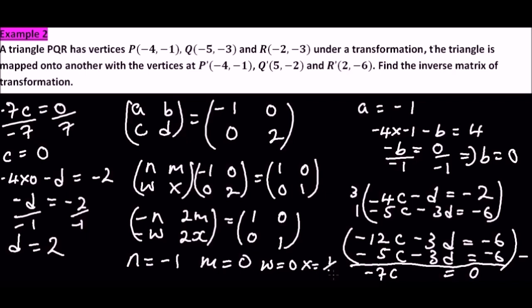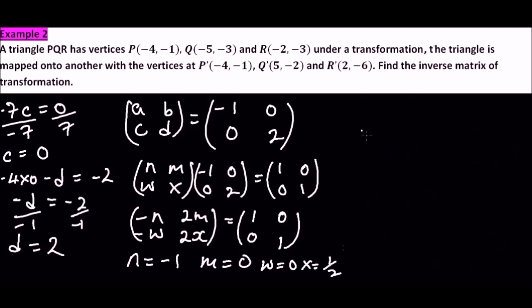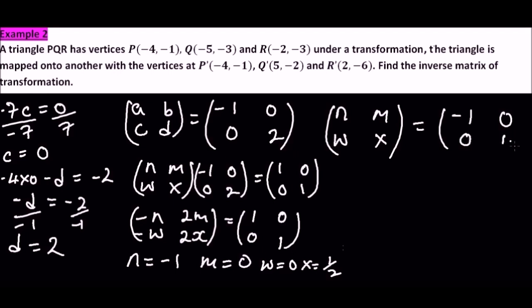This implies that our inverse matrix, as we had defined it with n, m, w and x, now has the values found: n is equal to minus 1, m is 0, w is 0, and x is a half.